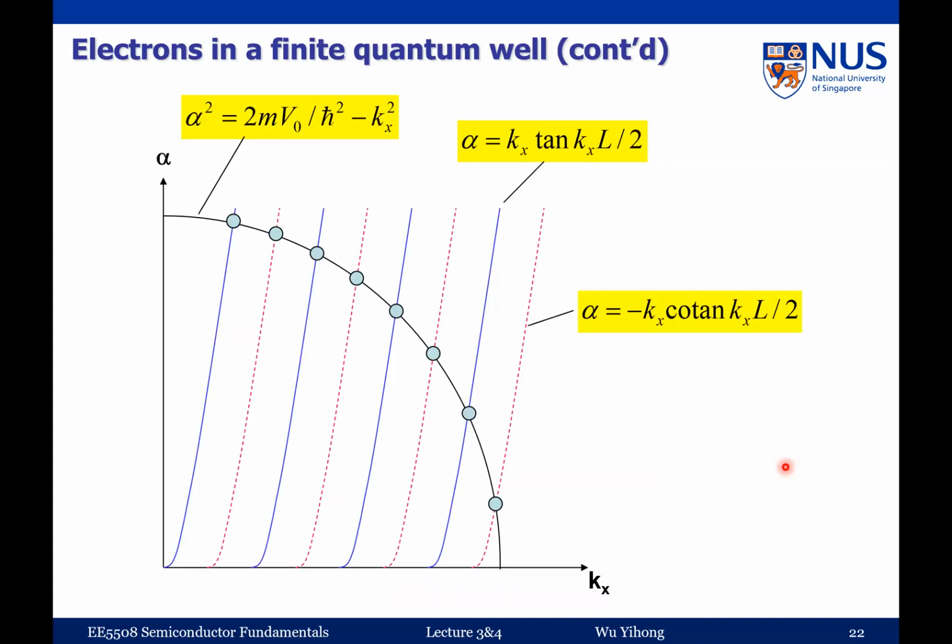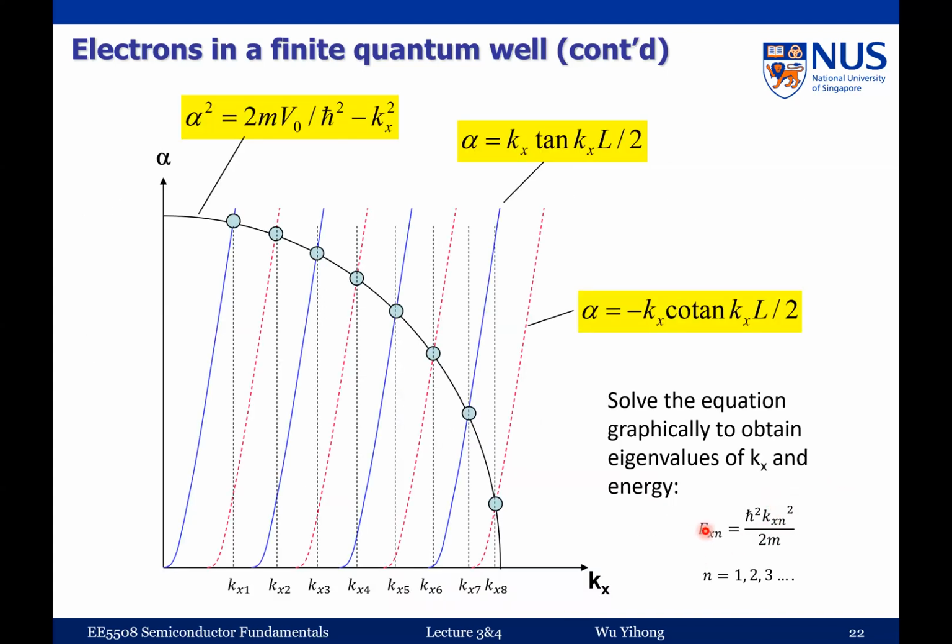That is the energy E_x. So that's why I have E_xn, which you get by h squared kxn squared divided by 2m. So n equals 1, 2, 3, and just continue, right? For example, if n is 1, you get kx1, that basically is this point, right? And similarly, you can solve the other two equations, and so you have kx2.